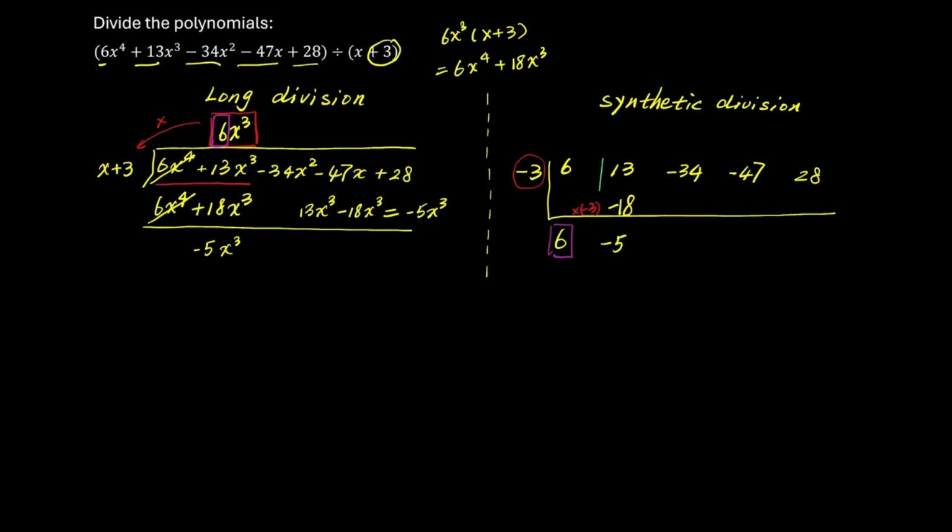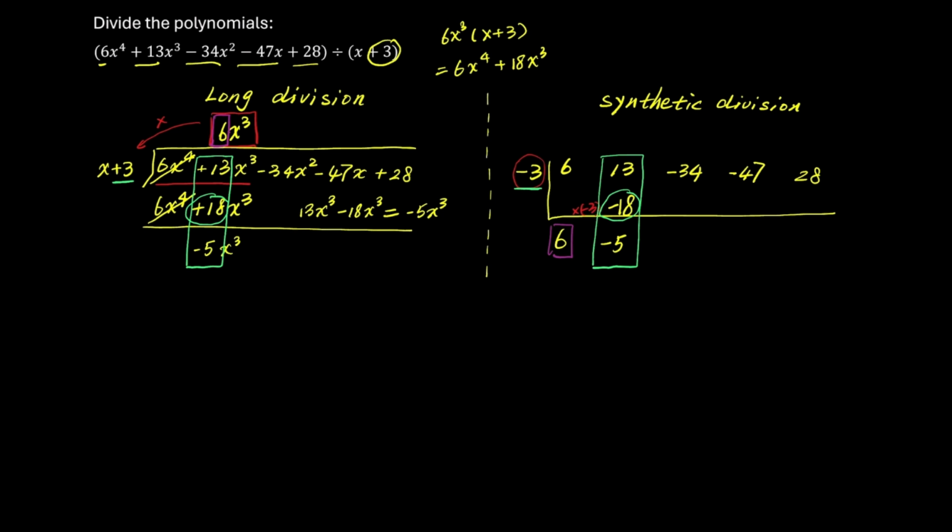Now notice that these numbers correspond to the coefficients of the x cubed terms. There's a little bit of difference. In the long division, we have this positive 18, but in the synthetic division, we have negative 18. The reason is that we have a negative 3 in the synthetic division and positive 3 in the long division.